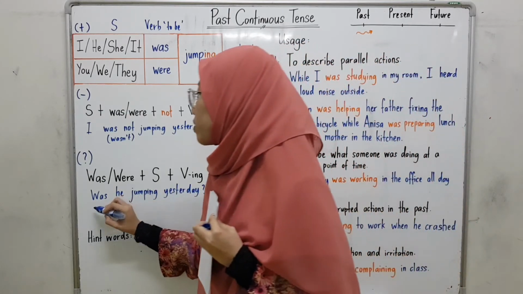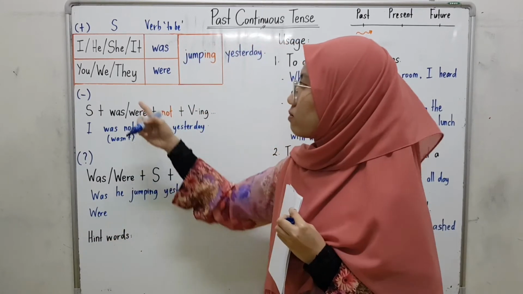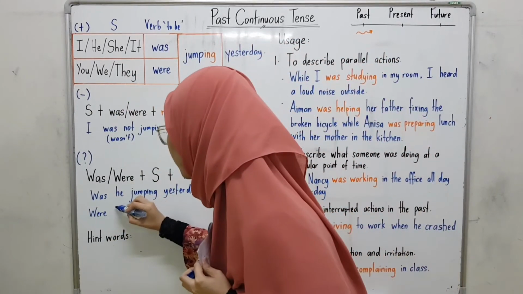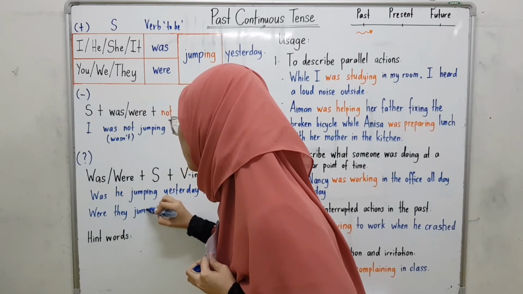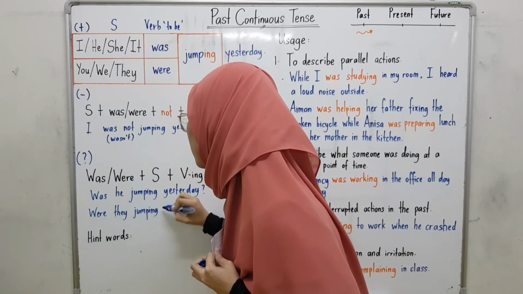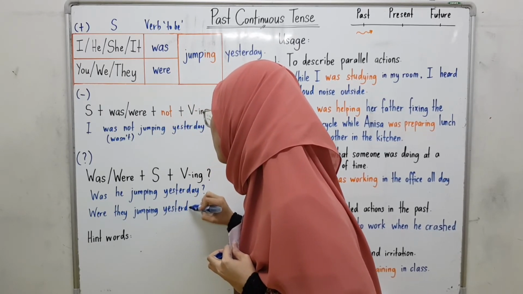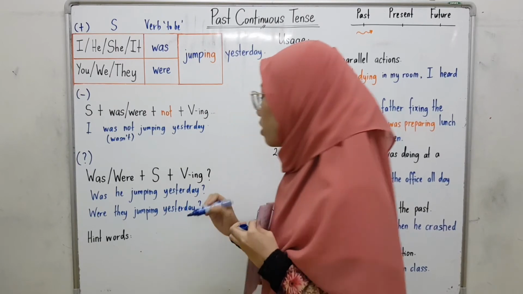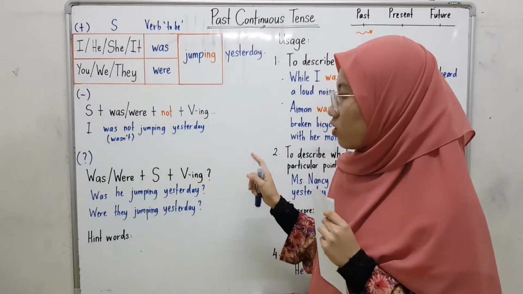To use were: were they jumping yesterday? Don't forget to put question mark at the end of the sentence.